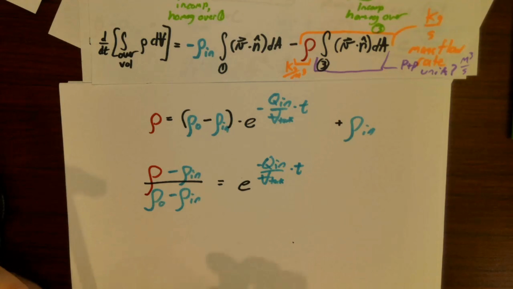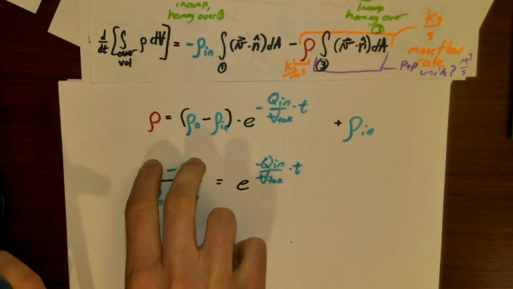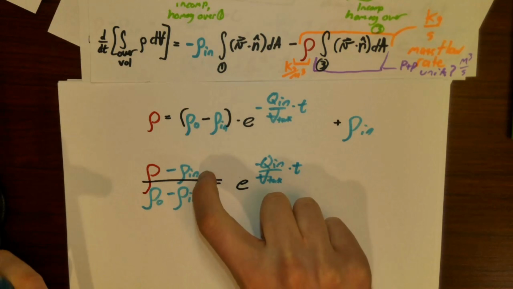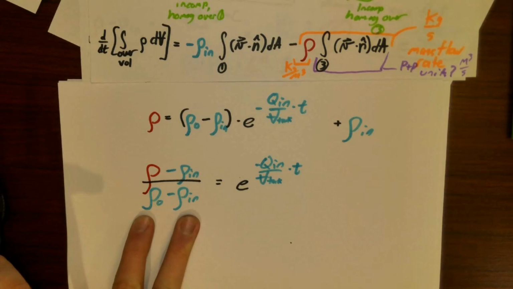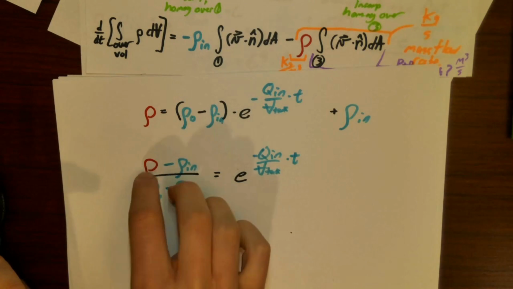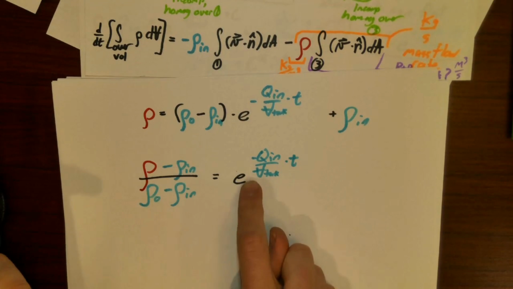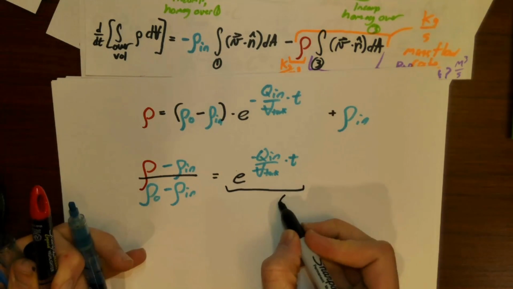You can imagine this as the difference in density from what its steady state density is going to be, divided by what the initial difference was. You can almost imagine this as a fraction of some change in density that is exponentially decaying, right? So if we think about it, this is like exponential decay.